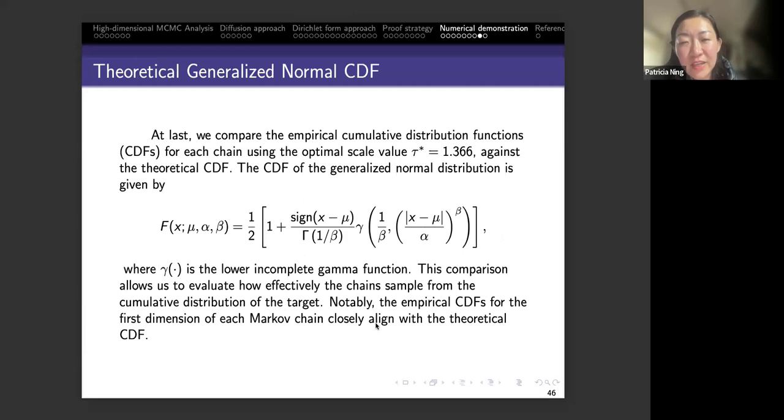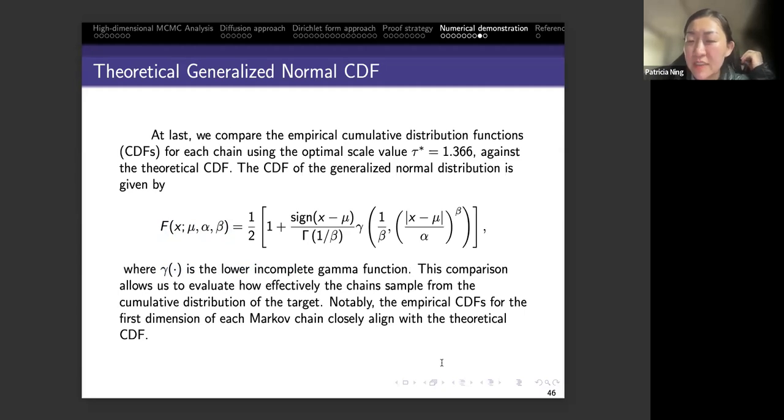And last, we compare the empirical CDF for each chain using the optimal value tau star against the theoretical CDF. The CDF of the generalized normal distribution is given here, where little gamma is the lower incomplete gamma function. This comparison allows us to evaluate how effectively the chain samples from the target.